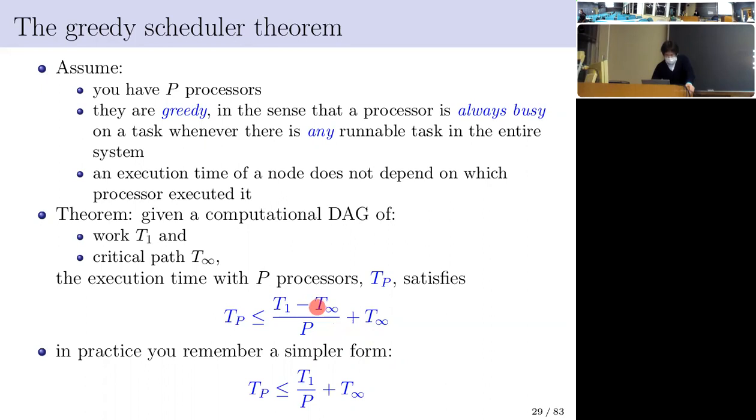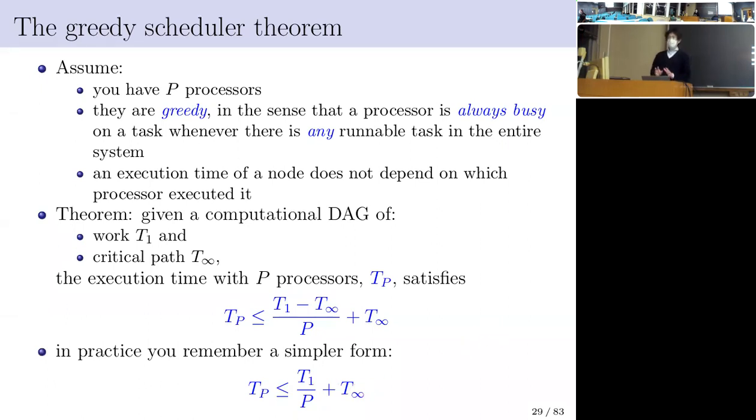This term is not super important if T1 is much larger than T infinity. So we often write it in a slightly simpler form. This is actually the tighter upper bound, but we often write it in a simpler form: T1 over P plus T infinity.